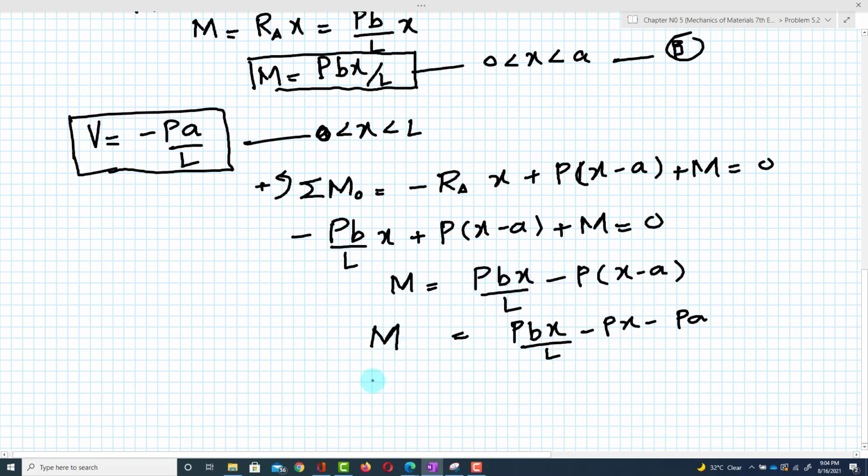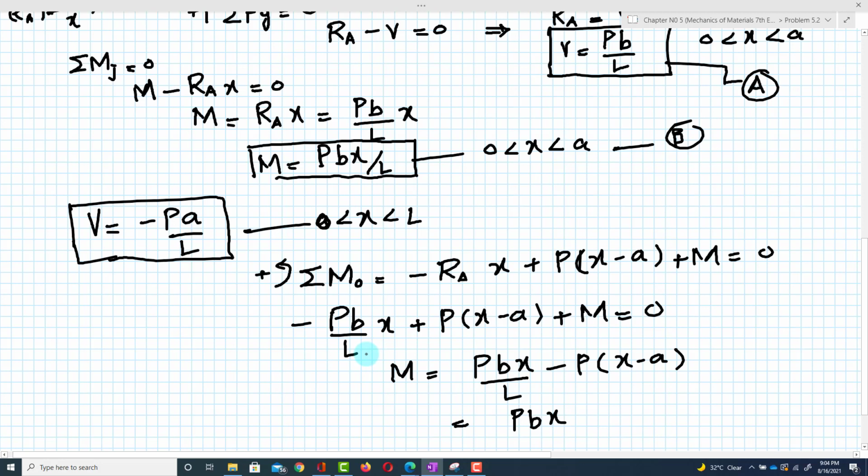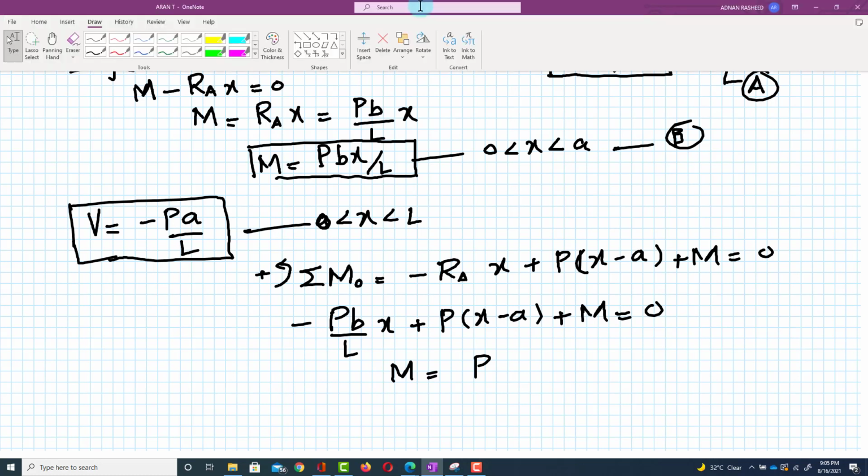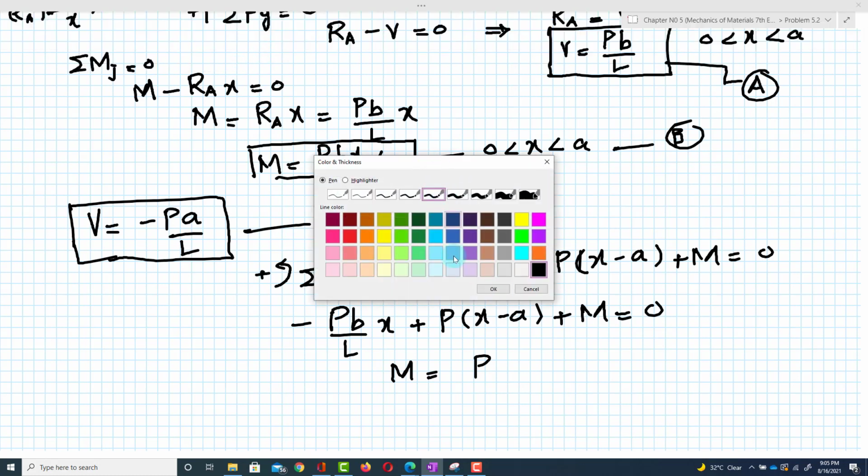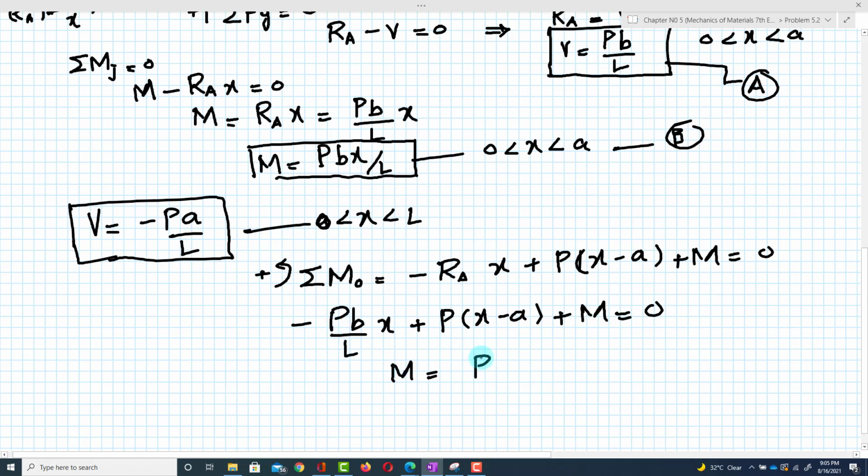So if I delete some portion and write it again, if you leave this M over here and bring it out to this side, this will be P B over L into X minus P into X minus A. Clear?